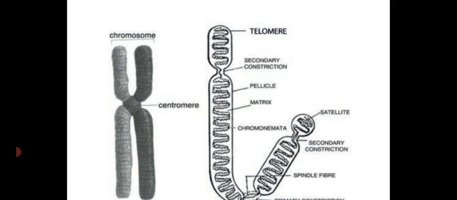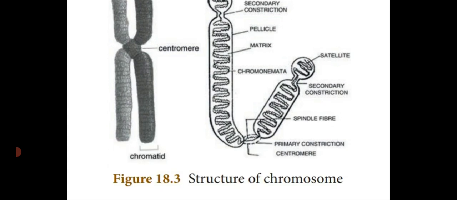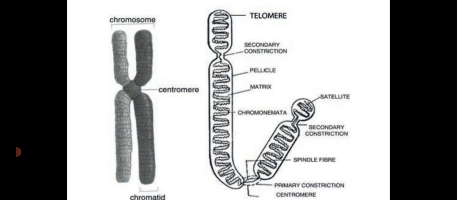These chromatids are made up of a fine thread-like structure known as chromonema. This chromonema contains bead-shaped structures known as chromomeres. Then see the second diagram, the entire structure of a chromosome, which contains different structures with different functions.